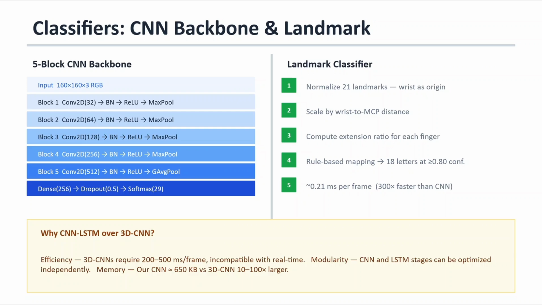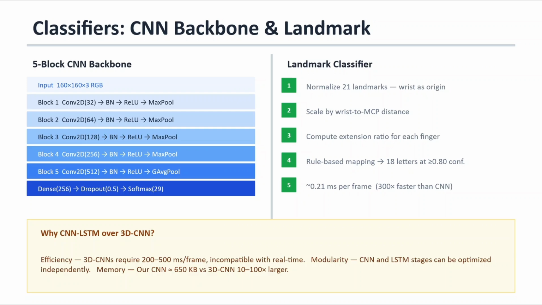The landmark classifier works completely differently. It is no neural network at all. It takes the 21 MediaPipe landmarks, normalizes them relative to the wrist, then checks whether each finger is extended or curled using a single distance ratio. If the ratio is above 1.05, it is extended.